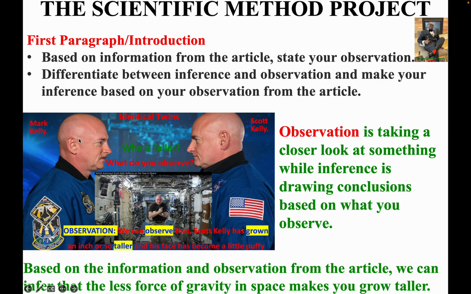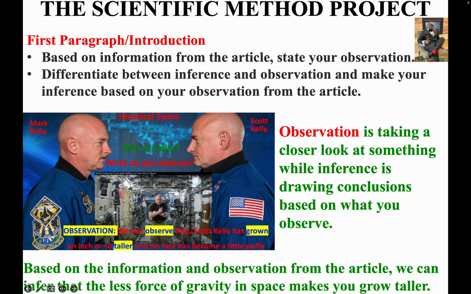Mark Kelly is the control group. Scott Kelly is the experimental group. Okay, so the control group is treated the same as the experimental group. The only exception is that Scott Kelly, who is the experimental group, went to live in space, whilst his identical twin brother continued to stay on Earth.